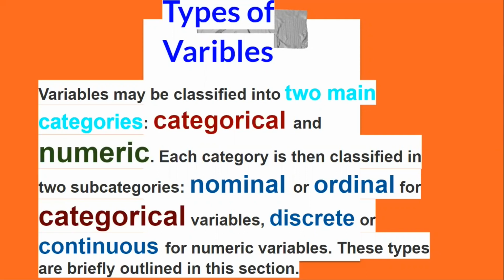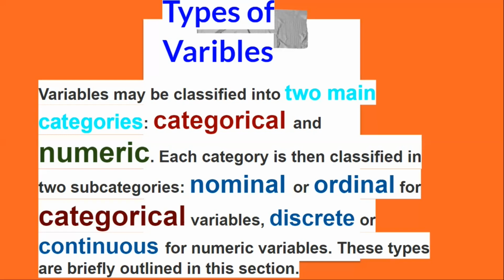For categorical variables, we have two subcategories that are nominal and ordinal variables, and for numeric variables, we have discrete and continuous variables.